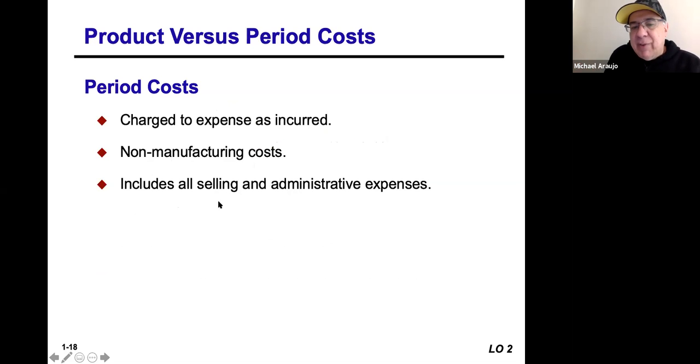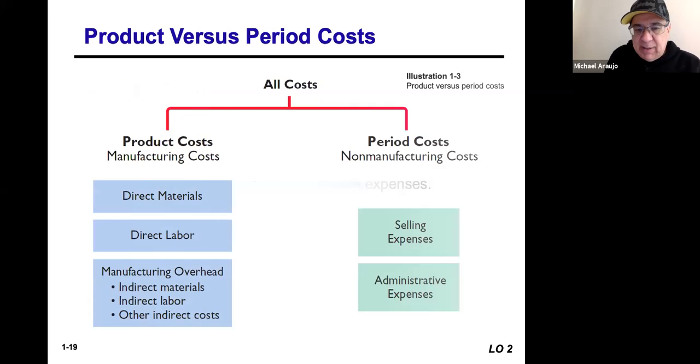It involves all the selling expenses and the administrative expenses. So this is what we learned the last time, looking at the differences between a product cost, which is directly related to the manufacturing of a product, and a period cost, which doesn't directly relate to manufacturing a particular product but is part of the cost of the business.